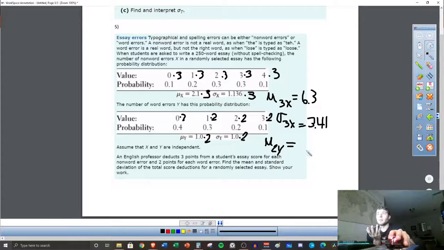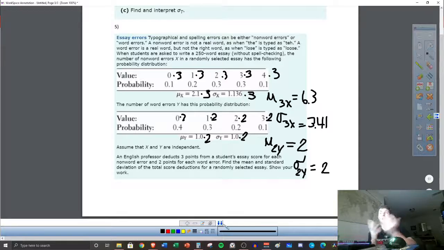So what is that going to be? Well, we just double it, so it's 2. What's sigma of 2y? Well, that's going to be also 2. Okay, so now we're ready to combine these. We have the total point deductions for the word errors and the non-word errors. Now we want to combine them to find the total. So we had to do the transformation first. Now we're ready to combine them.